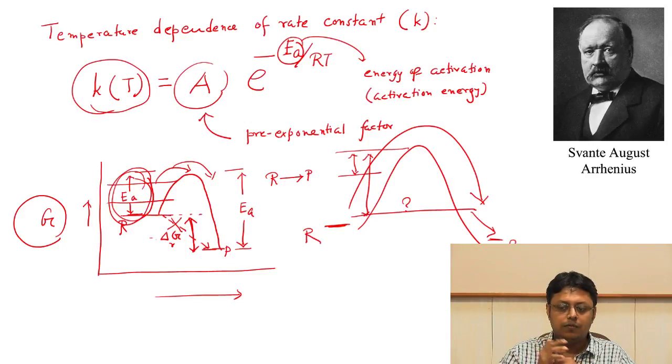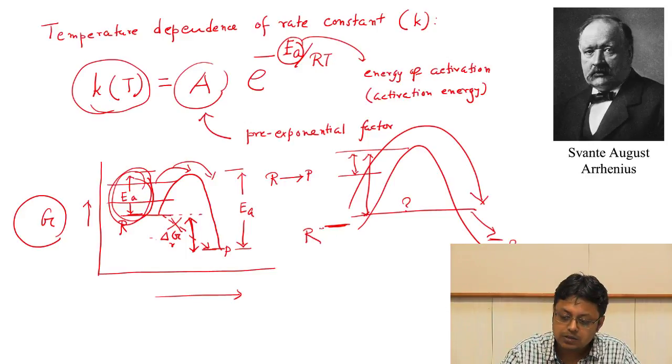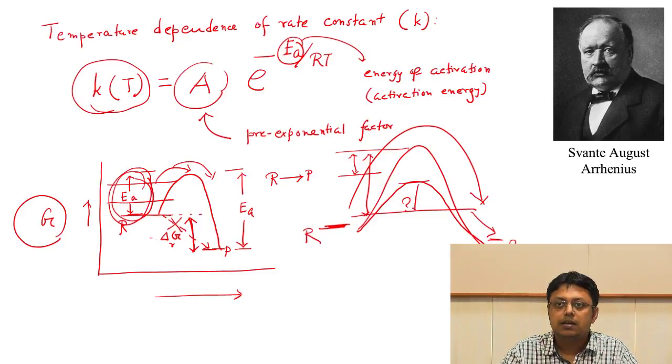The other way of looking at it is, okay, fine, I'm not changing the temperature, so all the molecules are sitting here, but can I actually modify the height of the barrier? Meaning, can I actually reduce the height of the barrier? That is done by catalysis. Catalysis is nothing but it reduces the height of the barrier by providing some alternate pathway.